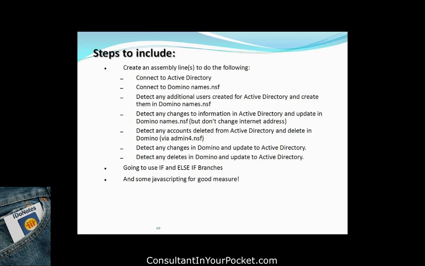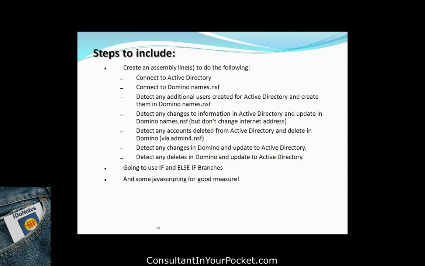We're going to detect any changes in information in Active Directory. For example, if a phone number or a business address has changed, but we're not going to change the internet email address, because we're assuming that Domino is going to be the owner of the email data. We're also going to detect if any accounts have been deleted in Active Directory.